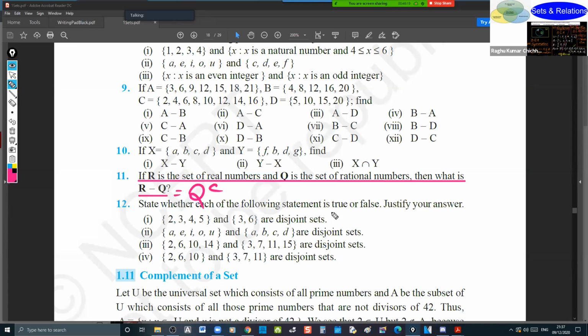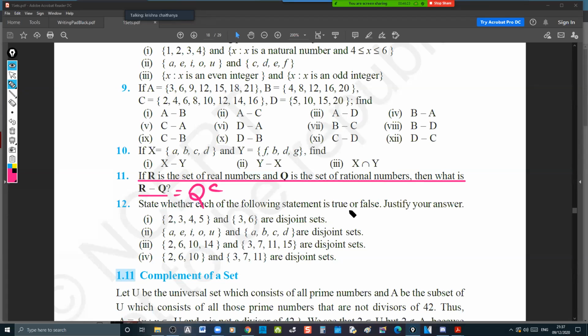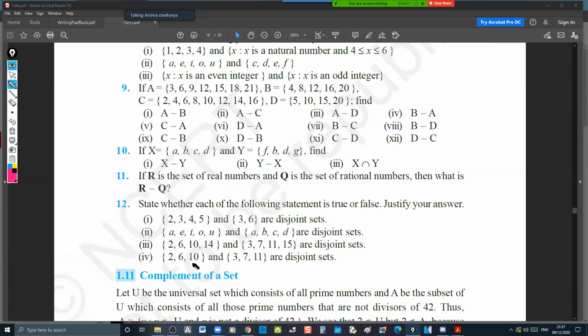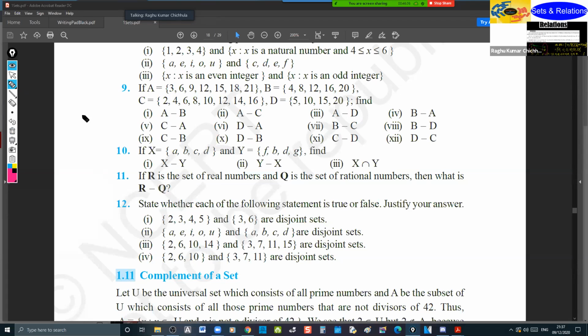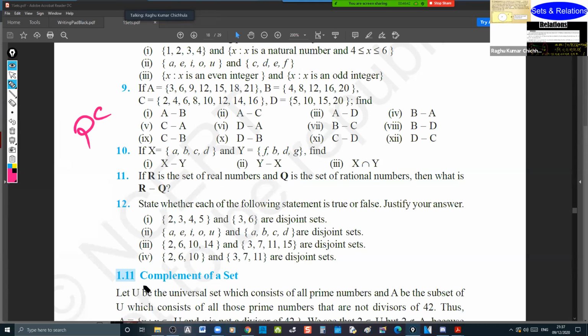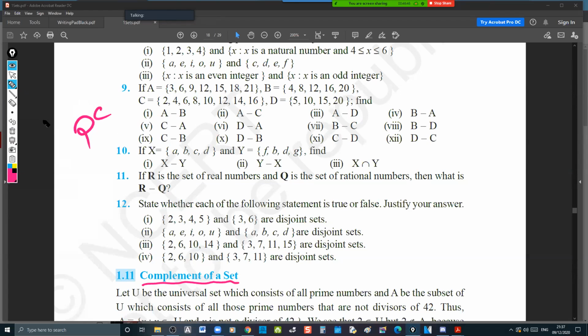What is Q complement? Q complement means not Q. What is Q, you tell me? Rational numbers. Yes, Q complement means it is not Q. You have this in the next part.